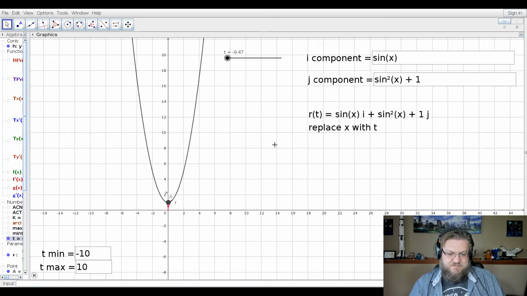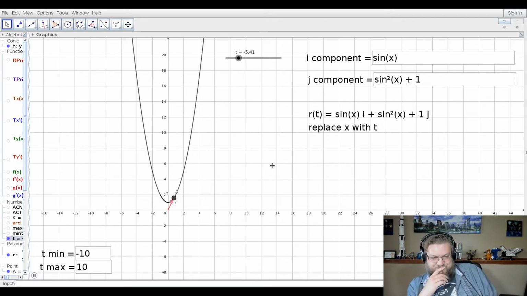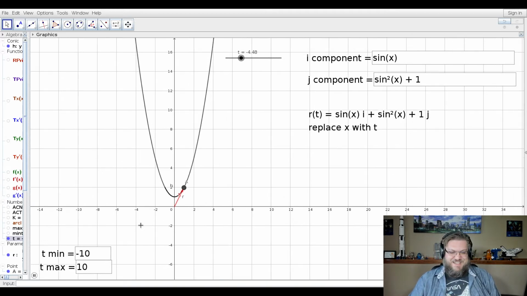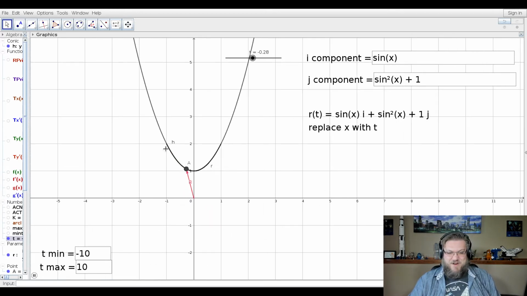Let's see. Okay, very interesting. So it's drawing out the parabolic shape, right? But it's only going from here to here. Well, that's very interesting.